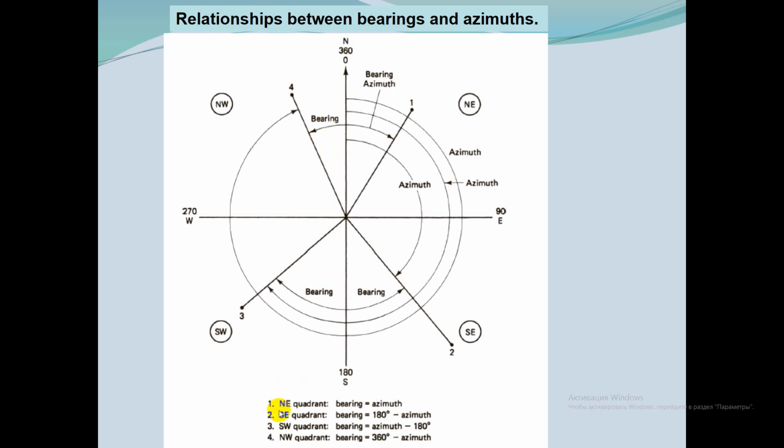So, for example, for the northeast quadrant, bearing always equals azimuth. For the southeast quadrant, bearing equals 180 minus azimuth.